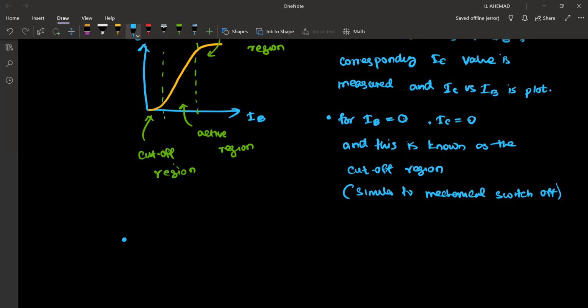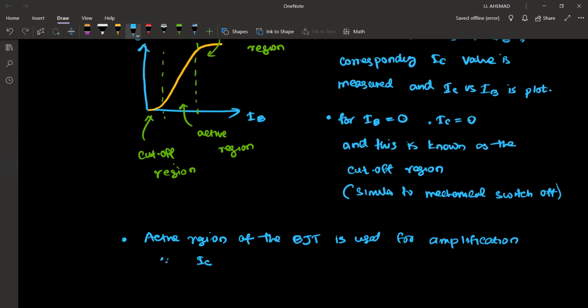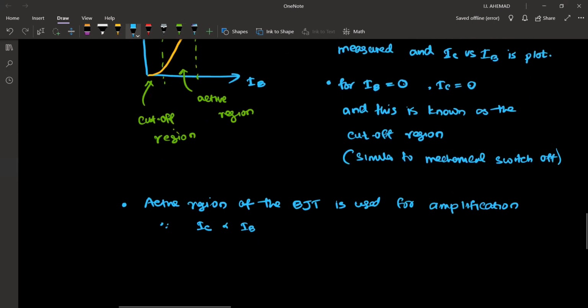And we have an active region, right? Here, IB and IC are proportional. The active region of the BJT is used for amplification, since IC is proportional to IB.